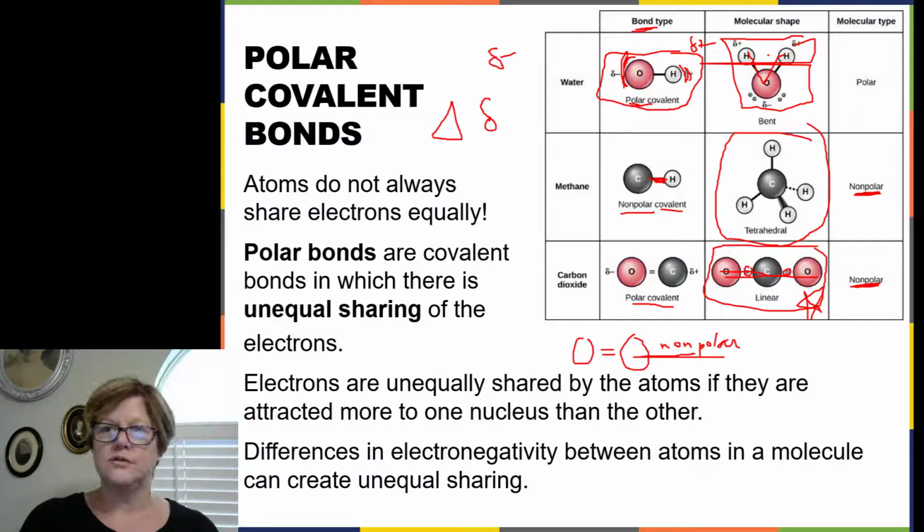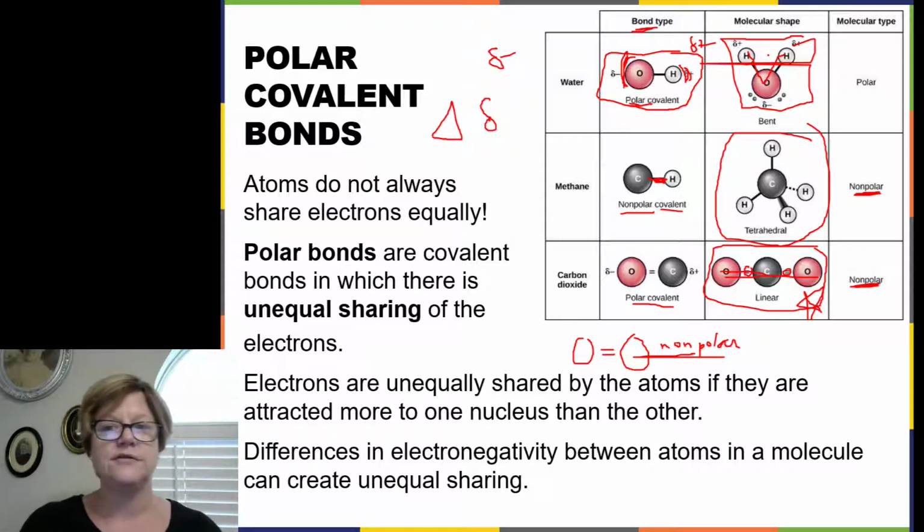All right. So as a rule, if the bonds are polar in between the atoms, then the whole molecule is polar. If the bonds are nonpolar, then the whole molecule is nonpolar. What if you have a molecule that has some polar bonds and some nonpolar bonds? That will happen, but we're not going there yet. So don't panic yet. Let's just learn the small ones, these ones that they either go one way or the other.